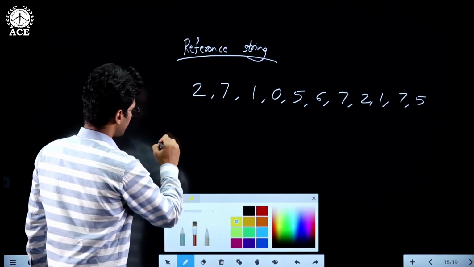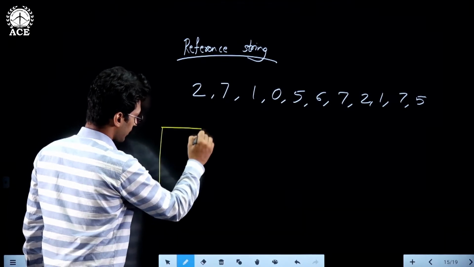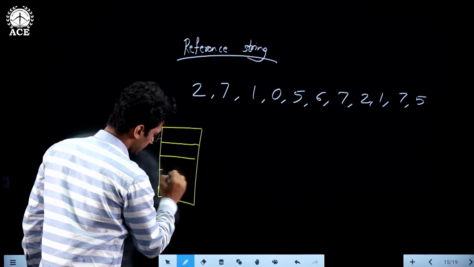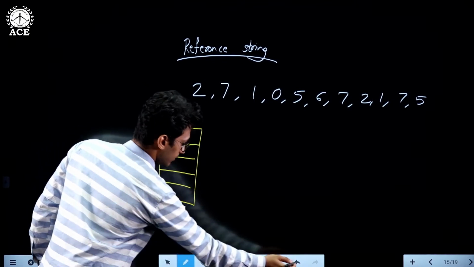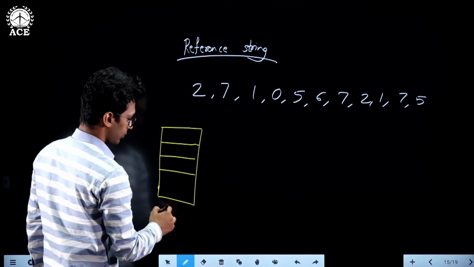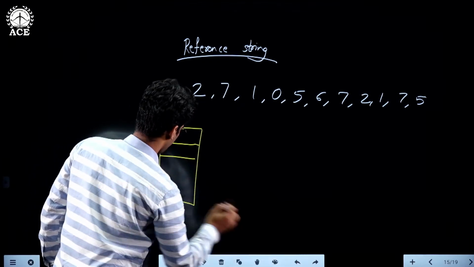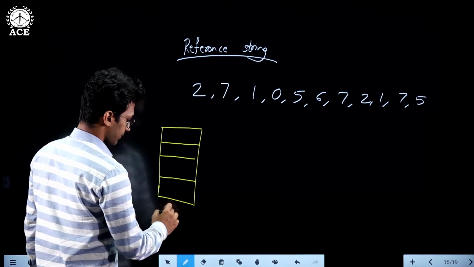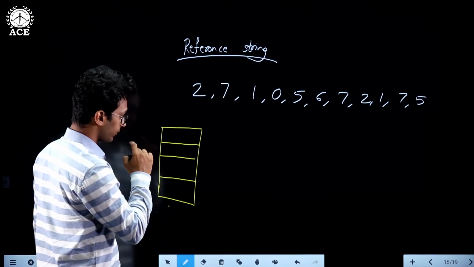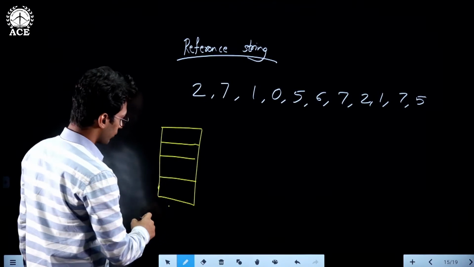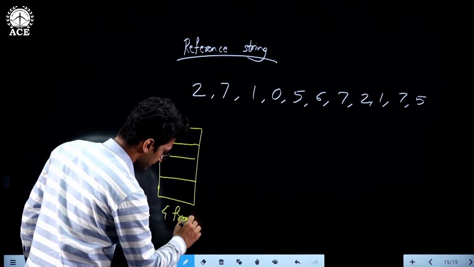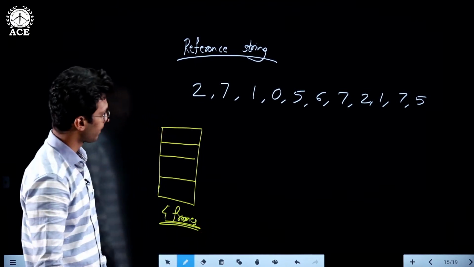Let me do it. Let's say there are 4 frames: 1, 2, 3, 4. Physical address space consists of frames. Consider the 4 frames example right now.